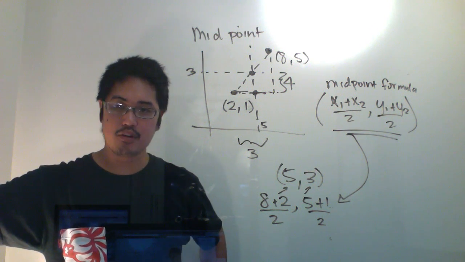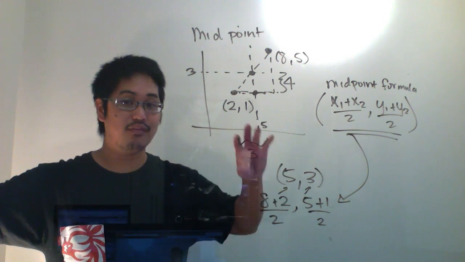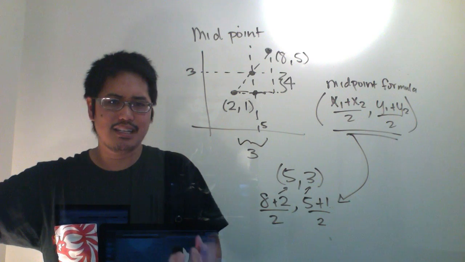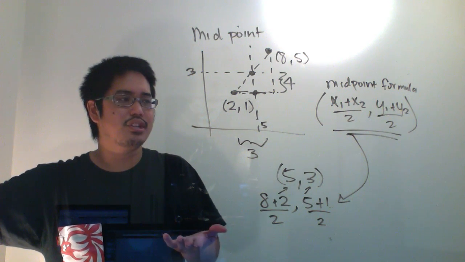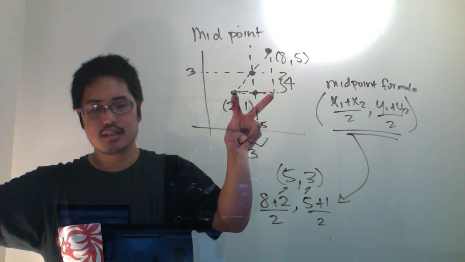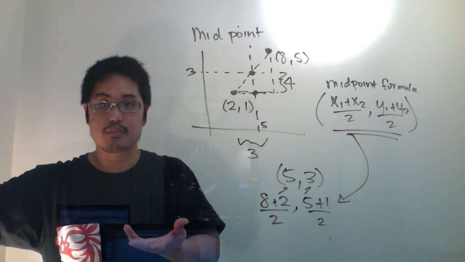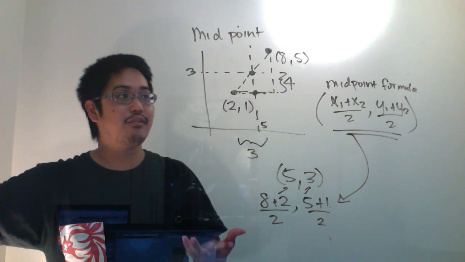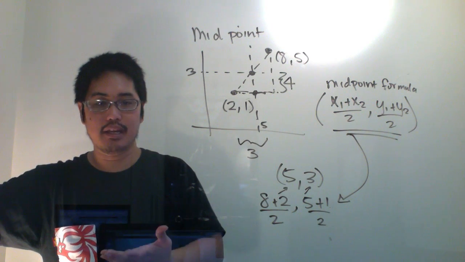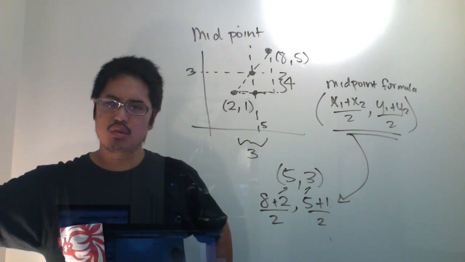We just make it a lot more complicated and scary and intimidating by giving you these crazy formulas that you've never seen. But the idea is, all I'm trying to do is find the average of these 2 points in terms of the x, and that will give me my x value of the midpoint. I'm trying to find the average of these 2 points in the y, and that will give me my y midpoint.